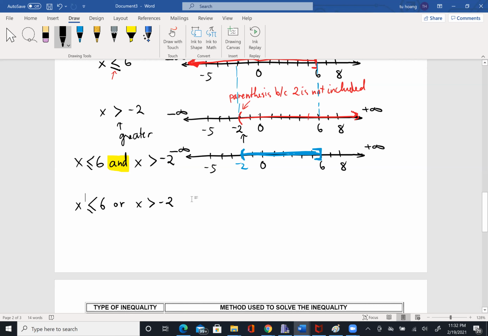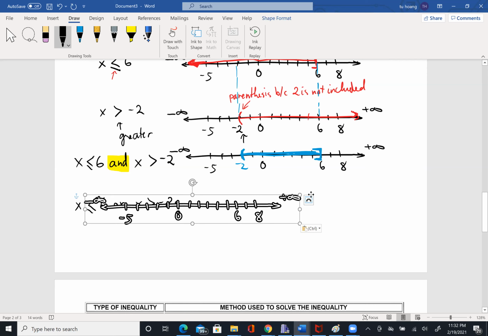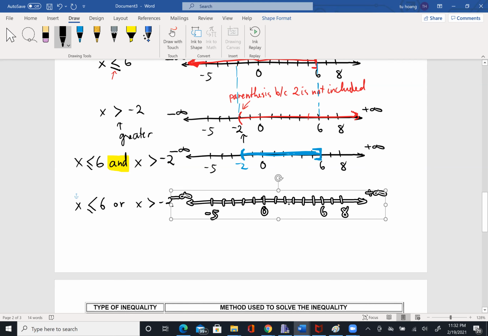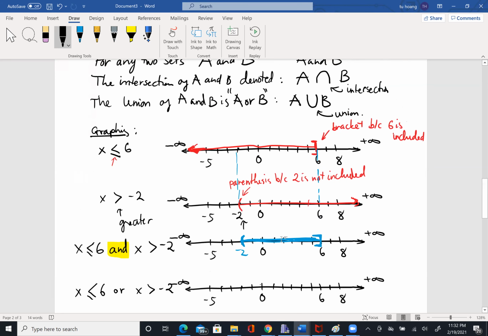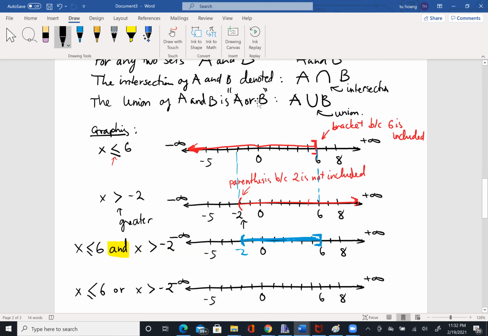For this case, you see A or B, which means union.